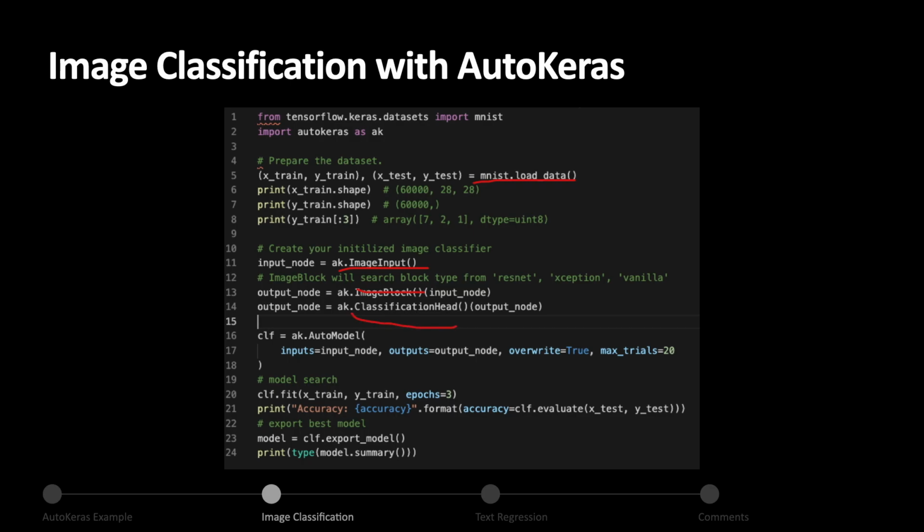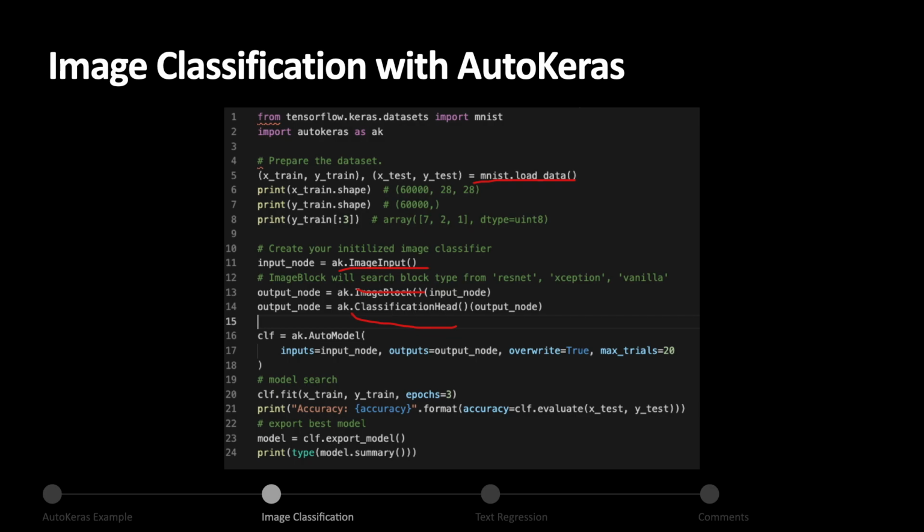The image input is the image input preprocess block in AutoKeras, and the image block is an image CNN block in AutoKeras. If we don't assign any block type, it will select and tune automatically from ResNet, Xception, or vanilla CNN blocks.